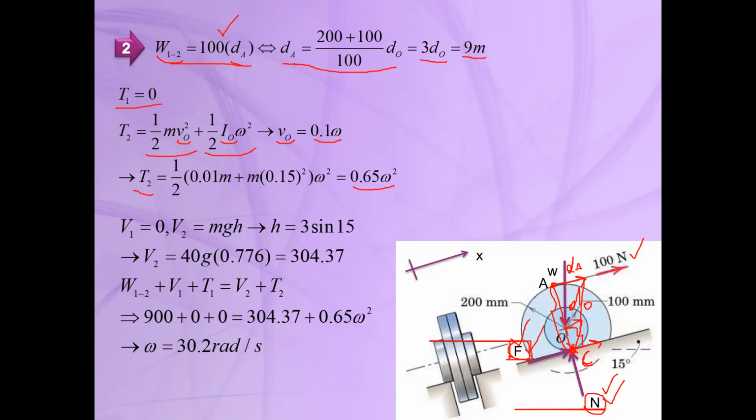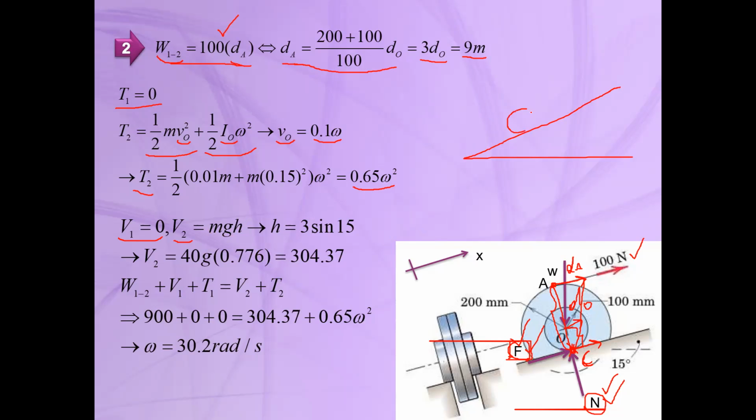And now we need to obtain the potential energy. The initial potential energy, we assumed, is equal to 0 because we consider the initial position as the datum level. The final potential energy is equal to mgh, and h is the vertical difference from the initial position. If we assume that the initial position is 0, here we have one incline.